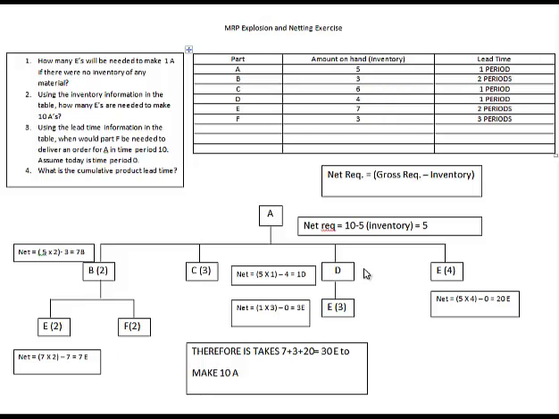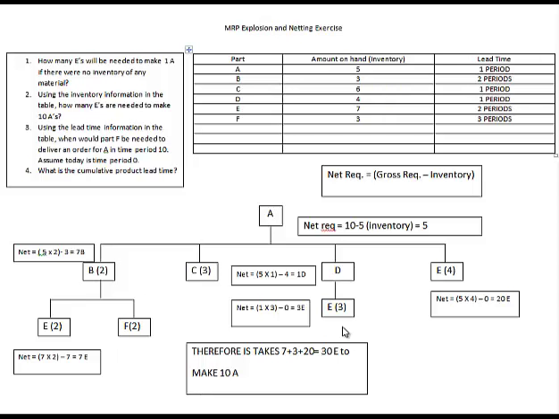Now that one additional D, we're going to carry it down to the next level. So to make 1 D, how many E's will be required? That would be 1 times 3 minus our inventory for E's.